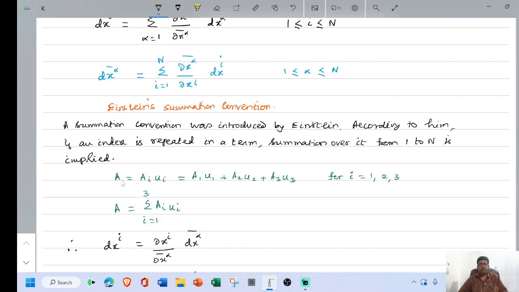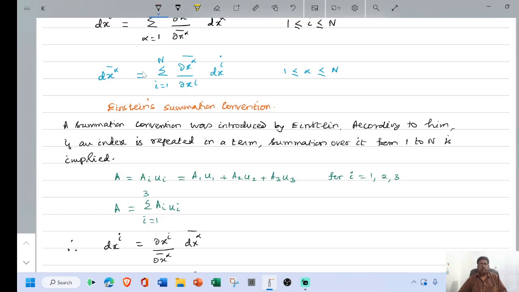See this? A equal to ai ui. Suppose i equal to 1 to 3, we can write this as a1 u1 plus a2 u2 plus a3 u3. A equal to summation over i equal to 1 to 3 of ai ui. Then the summation implies addition of the terms.